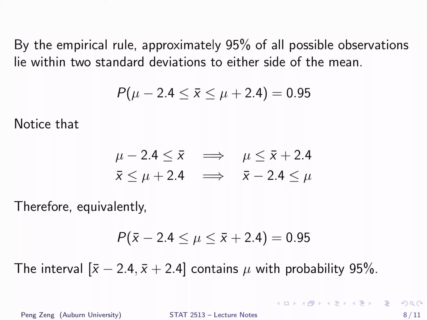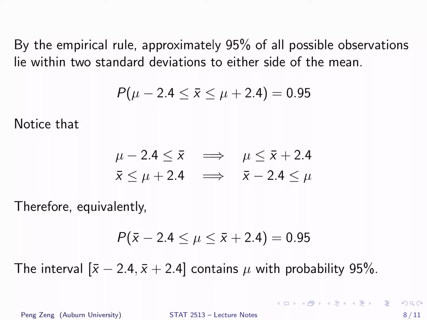Combining these two inequalities together, we have the probability of X bar minus 2.4 less than or equal to mu less than or equal to X bar plus 2.4 equals 0.95. This expression means that the interval X bar minus 2.4 to X bar plus 2.4 contains mu with probability 95%.